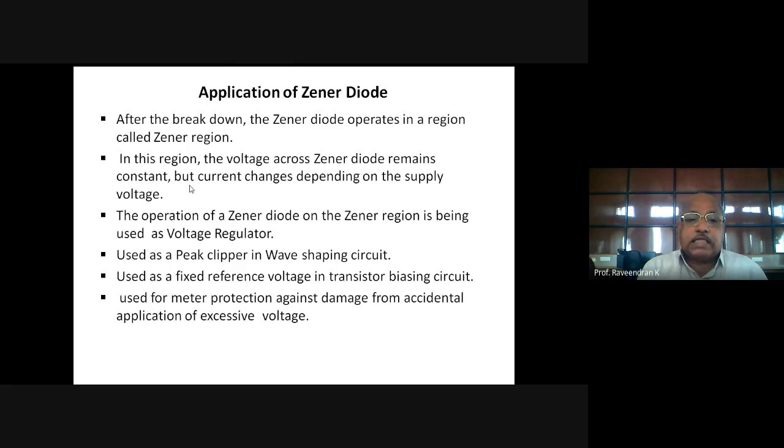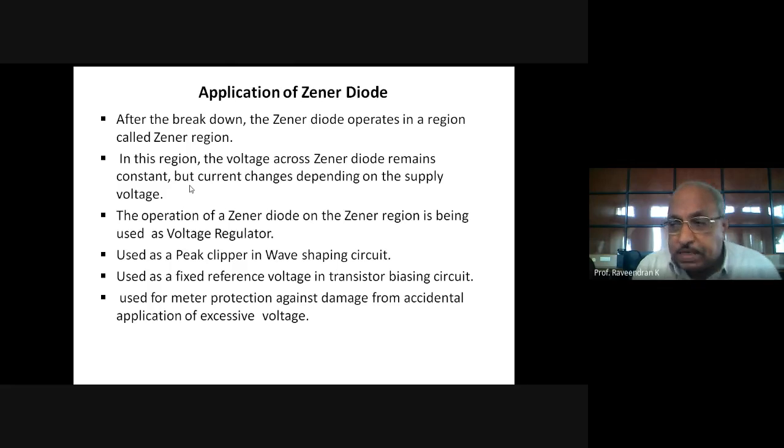And it can be used as a peak clipper in wave shaping circuits. For shaping the waveform of certain circuits, you can use it as a peak clipper. Clipping means shaping the waveform. In such circuits, you can use it as a clipper, and it can be used for meter protection against damage from accidental application of excessive voltage.